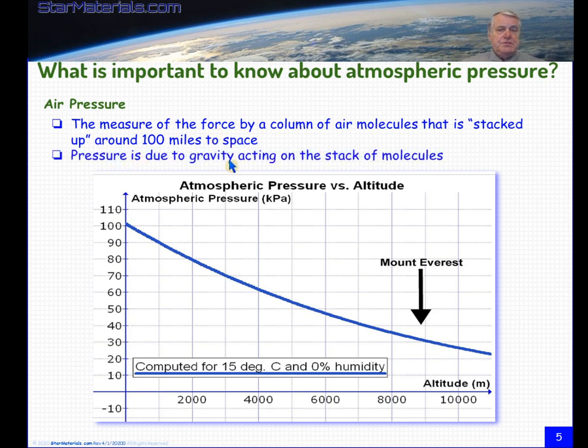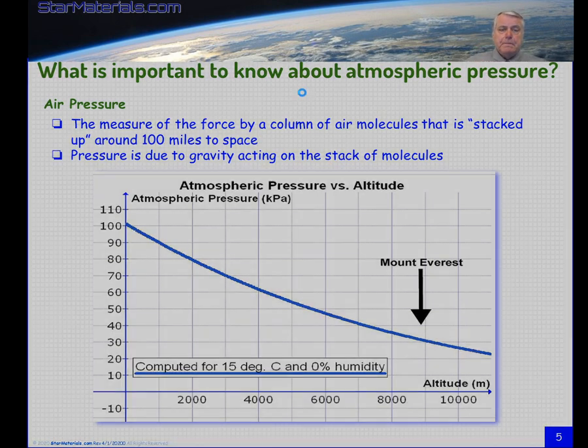And the pressure is due to the gravity acting on the stack of molecules. So that's where the air pressure comes from. It's all these air molecules stacked up one on top of another.